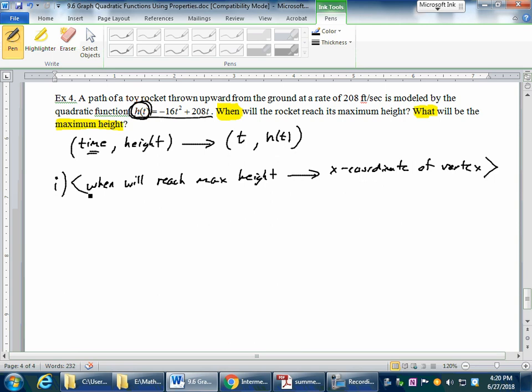So to find the x coordinate of the vertex, my time t is equal to minus b over 2a, the formula. So that tells me minus my b, in this case 208, and my a is negative 16. So 208 divided by 2 times 16 gives me positive 6.5.